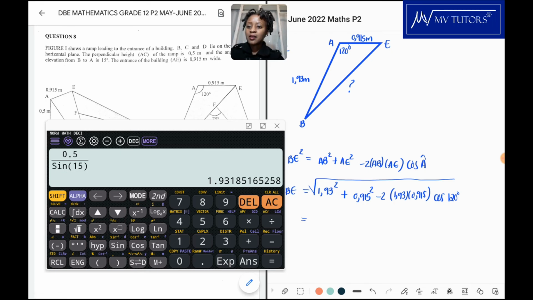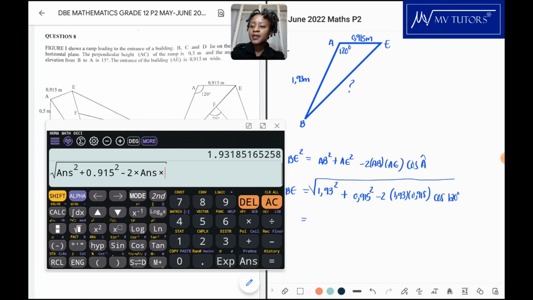All right, so that was our answer. So basically we're going to say answer squared plus 0,915 squared, and then minus 2 times the answer times 0,915 times cos of 120.